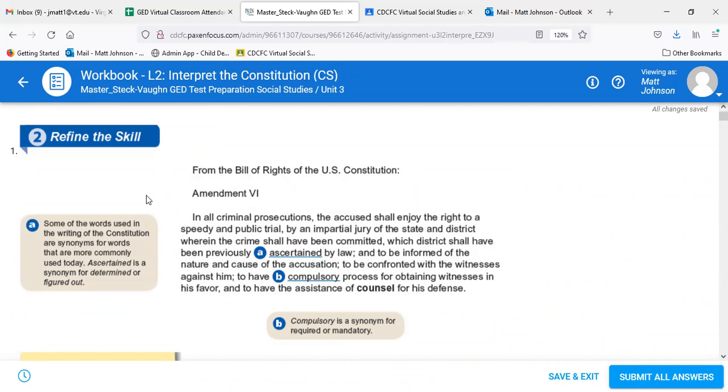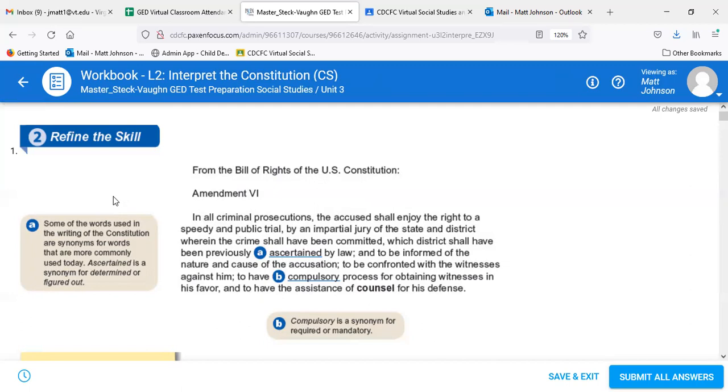In all criminal prosecutions, the accused shall enjoy the right to a speedy and public trial by an impartial jury of the state and district wherein the crime shall have been committed, which district shall have been previously ascertained by law, and to be informed of the nature and cause of the accusation, to be confronted with the witnesses against him, to have compulsory process for obtaining witnesses in his favor, and to have the assistance of counsel for his defense.